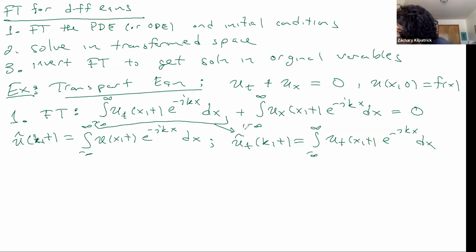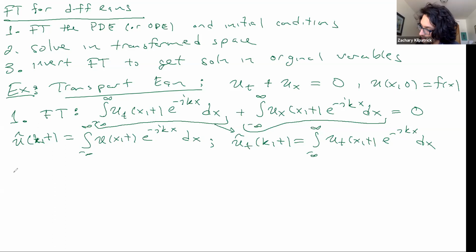What about this? What happens to a derivative when I Fourier transform it? Well, I can figure that out just using integration by parts. I can convert this into some scaling of the Fourier transform of u by some function of k.